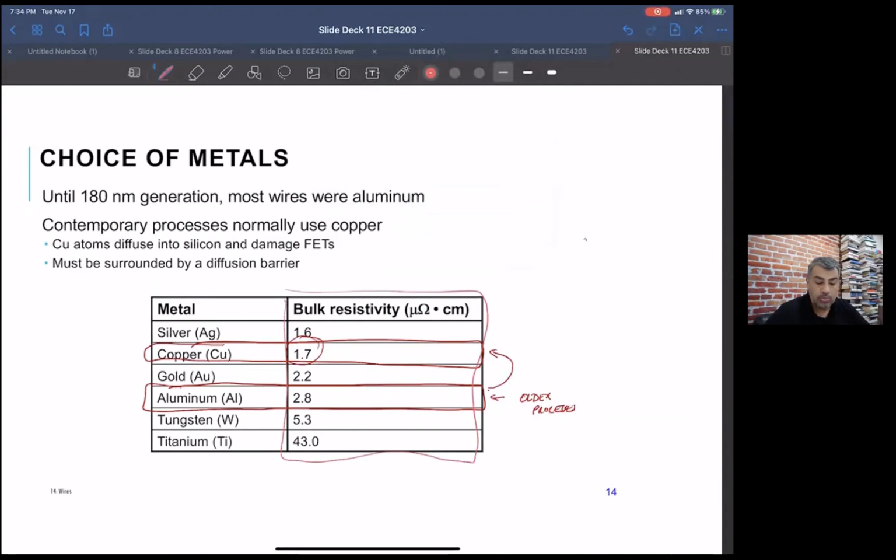When you have these wires on chip, the wires are thin. You're talking about a fraction of a micron typically, and so you have things like scattering on the surfaces. They're not a solid chunk of metal. They can have grain boundaries, so the actual resistances tend to be higher.